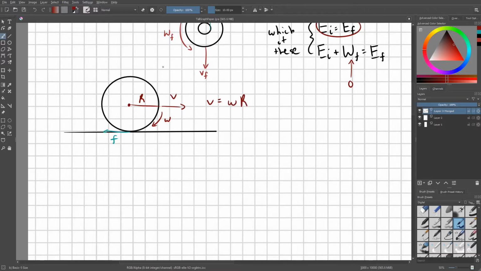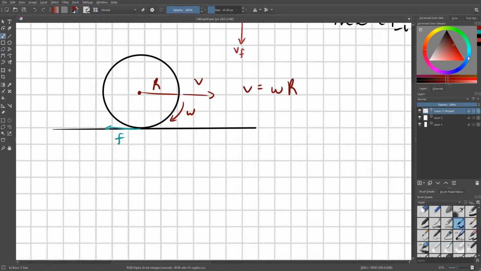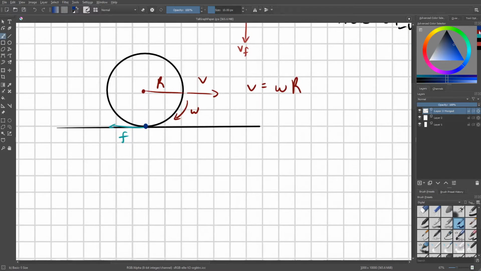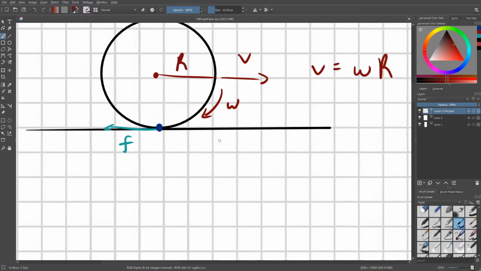What this means is that if we were to look at a point at the bottom of our disk, at this point, we know that the entire disk moves forward with a velocity v, so I'm going to label this v.